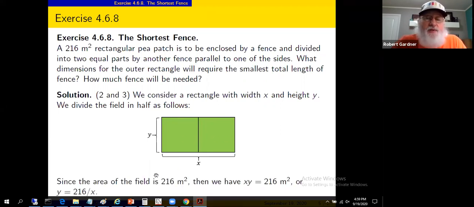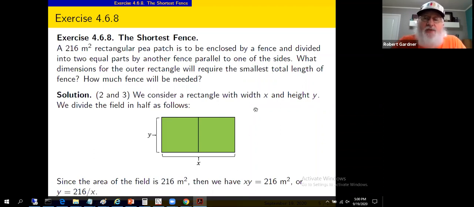They told us the area of the field is 216 square meters. With the labels, the variables, the unknowns we've introduced, X and Y, the area of the field, the rectangle, is X times Y. So X times Y must equal 216 meters squared, by the way. Let's solve for X or Y. If you have no preferences, let's solve for Y in terms of X, and we'll do everything in terms of X. So we'll solve for Y and eliminate Y in an upcoming formula.